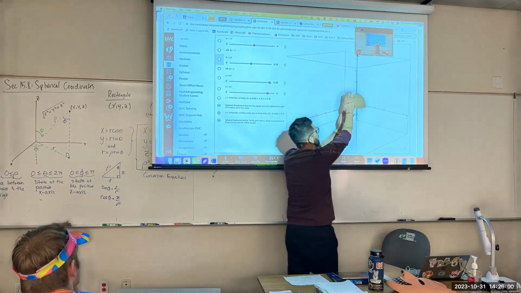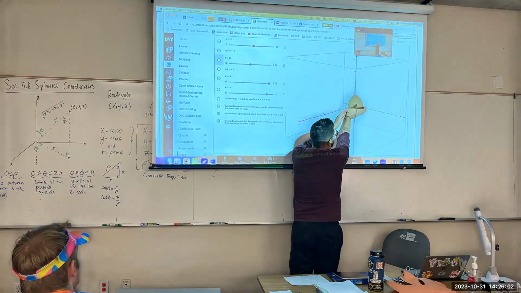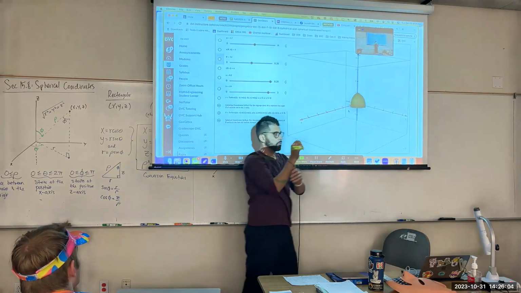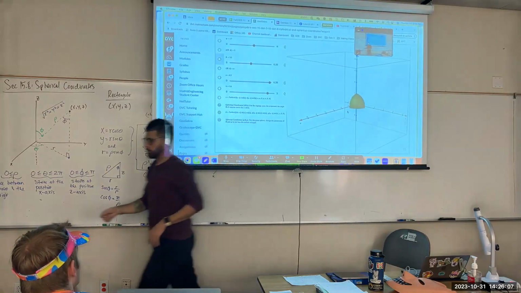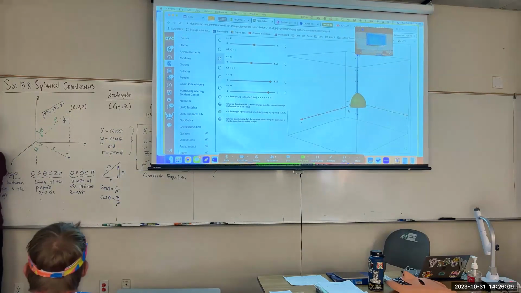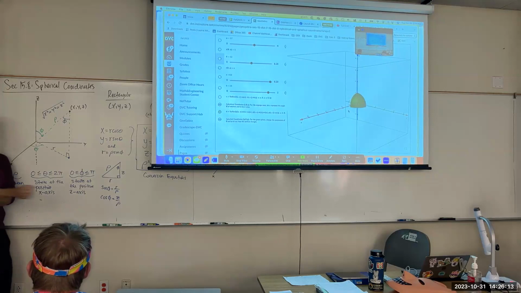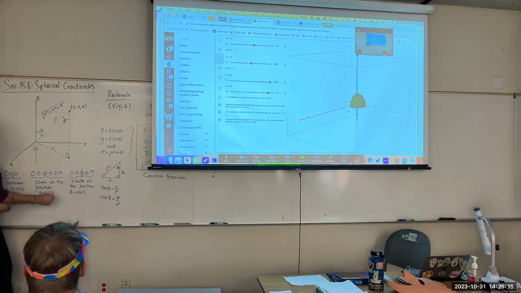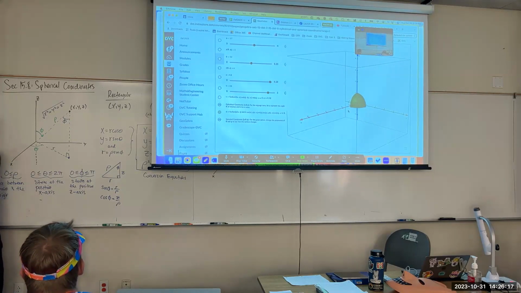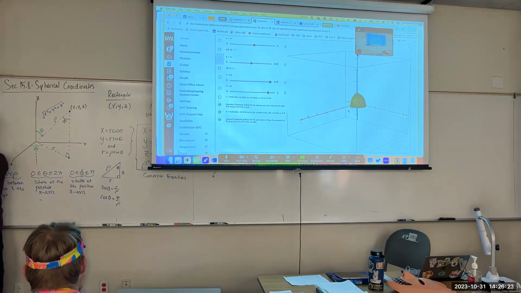All the possible points, rho has to be 1 unit, right? It can stretch 1 unit out, but theta can only go from 0 to pi, and phi can only go from 0 to 2 pi as well.